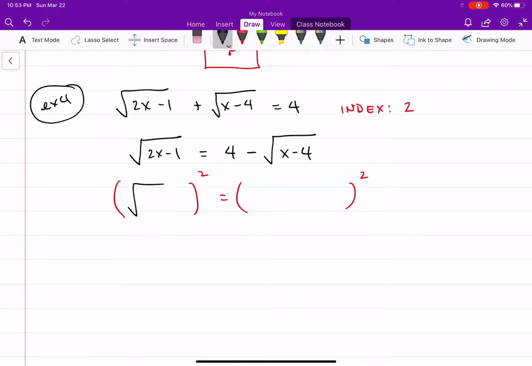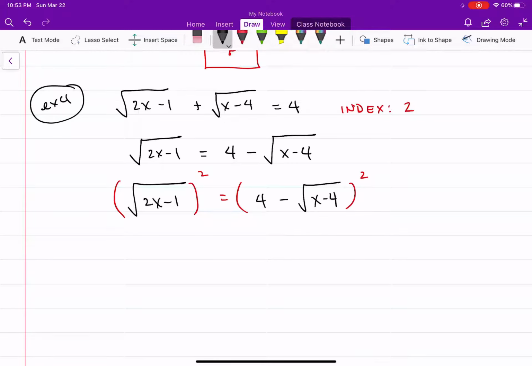This side is going to be the square root of 2x minus 1, and this side is going to be 4 minus the square root of x minus 4. All right? The left side is easy. The right side, notice, is a binomial squared, which means we have to FOIL this. Oh boy. All right, so let's do this.